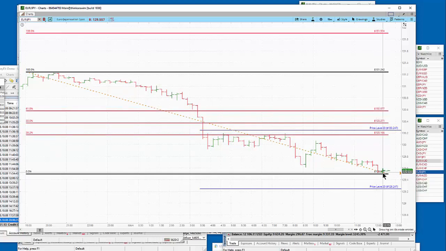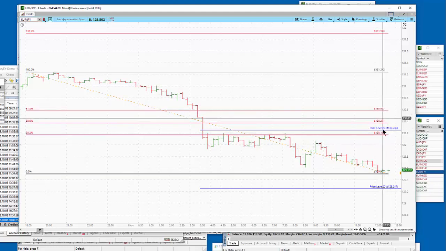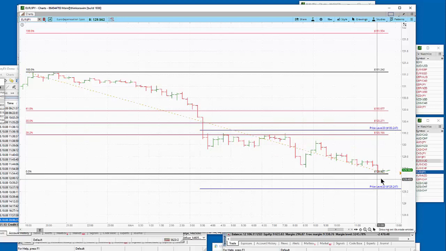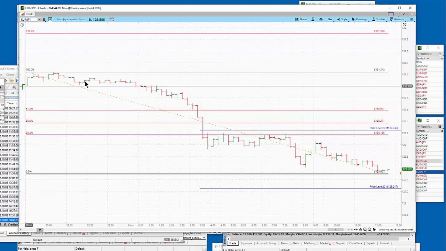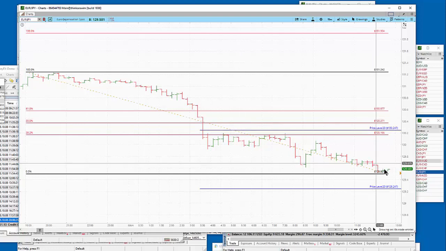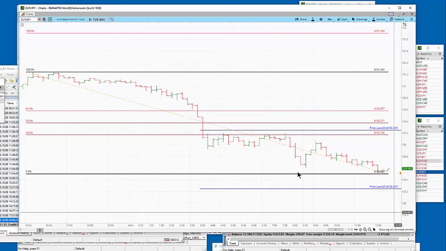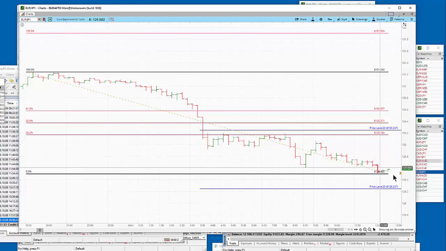We won't know if this is B until the price gets up into here. But if it is B, then we would fully expect the price to come back up here and make a C move, because with Fibonacci you have an A, a B, a C move, and then you'd have a D move that would be much further down, right? But right now we don't know what's happening.